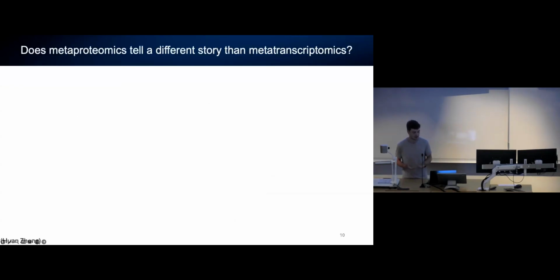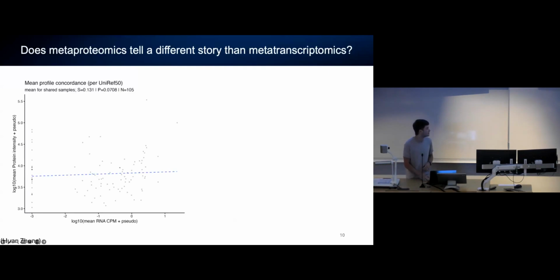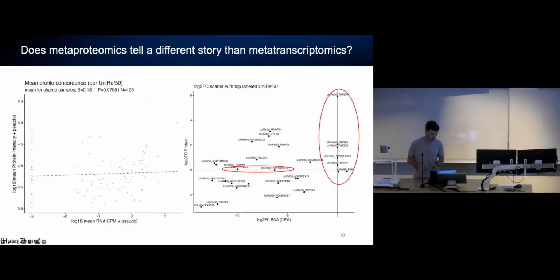And for multiomics, the real question is, does the proteomics and the transcriptomics line up, or whatever other layer? But I'm going to use this here to show the story. So first of all, when you look at the correlation, it's quite expected that they don't correlate well with one another. But this here is my favorite graph for showing that. So the circle on the right, all those features are on the axes that represent 0 log fold change for the RNA.